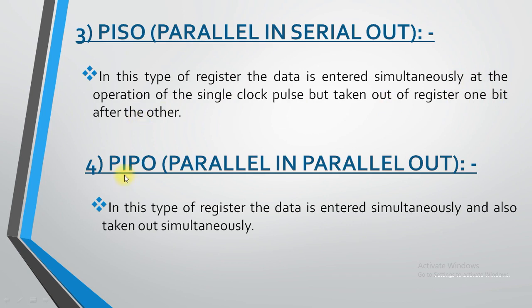The last is called PIPO, that means parallel in, parallel out. So in this type of register, what happens? All the data is shifted into the register at the same time, and when you want to get back that data, at that time all the data can come out of the register at the same time.